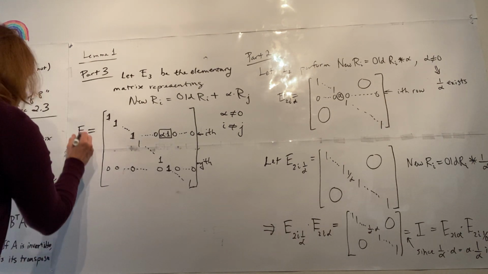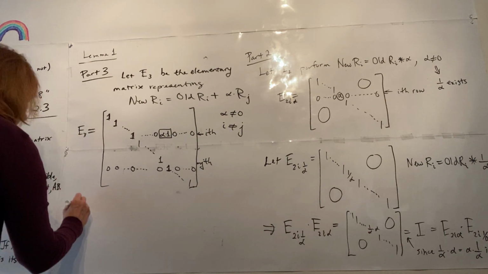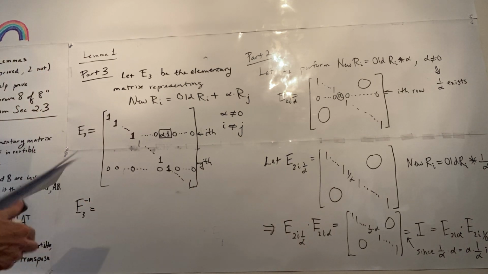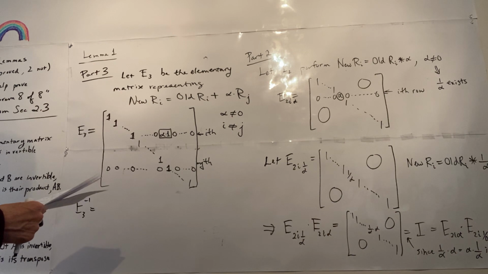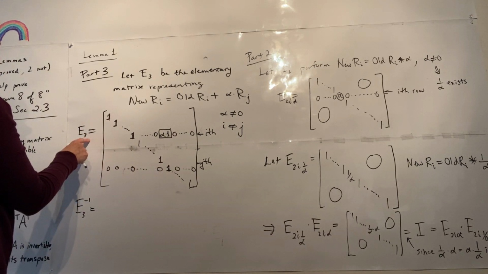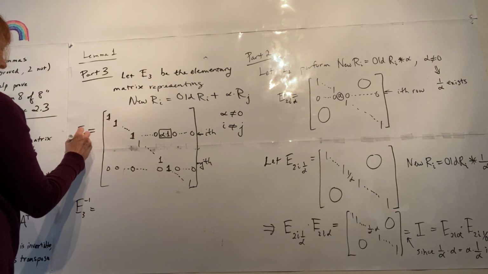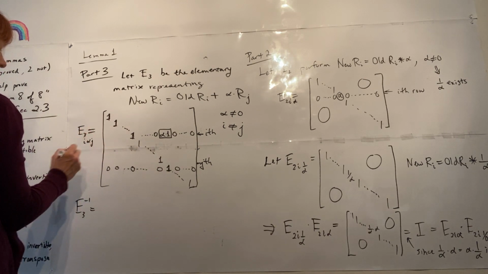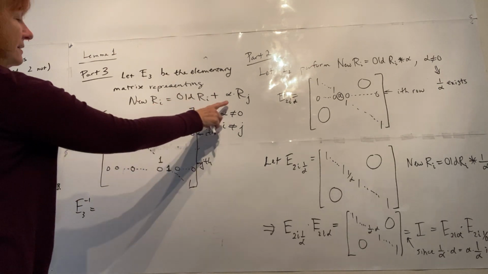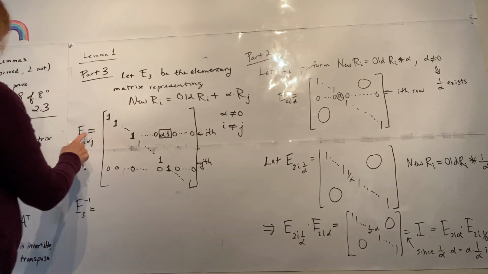Well, that's E3. E3 inverse, a matrix that will undo that. Let's call this one E3 I alpha J, to suggest new row I by adding alpha times row J, right?